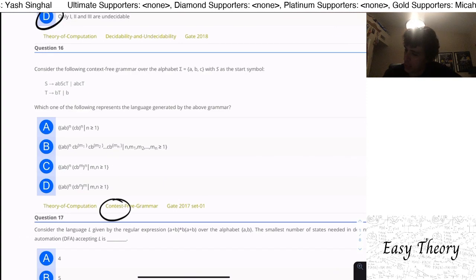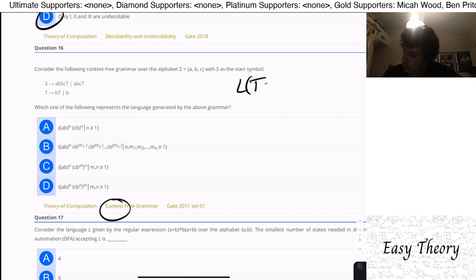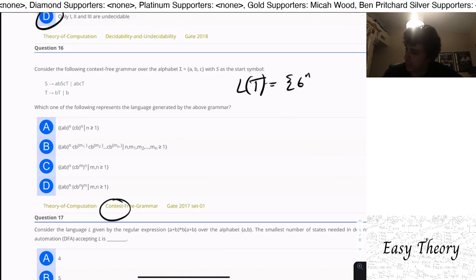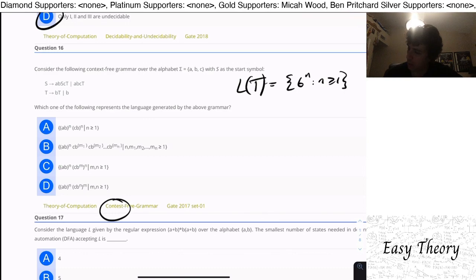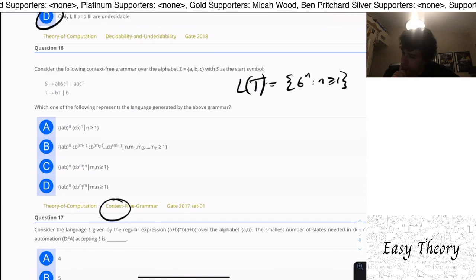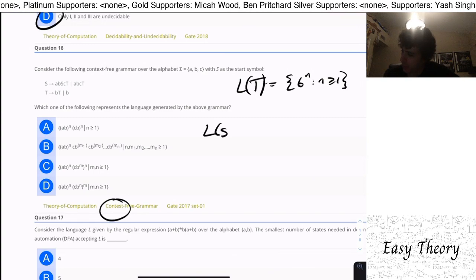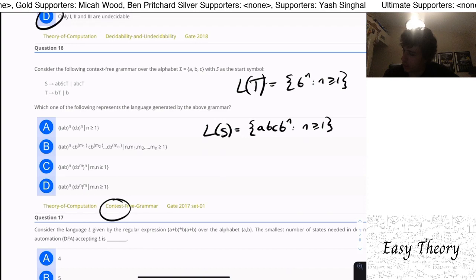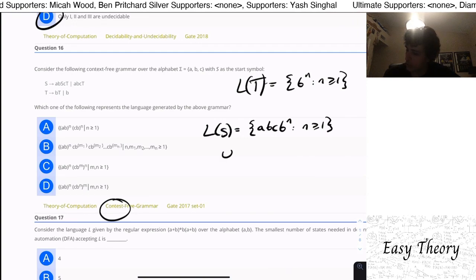The language of T is b to the n where n is at least 1. So the language of S is A, B, C, b to the n where n is at least 1. So that corresponds to the second rule.